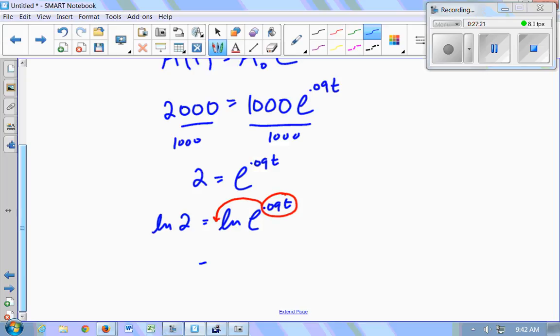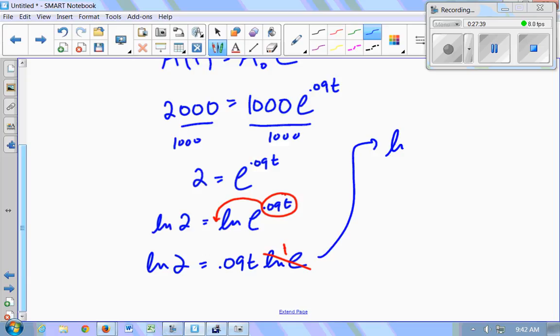So this becomes 0.09t times the ln of e equals the ln of 2. But what is the ln of e? 1. It's just a 1. So this says the ln of 2 is equal to 0.09t times 1, which is just 0.09t.